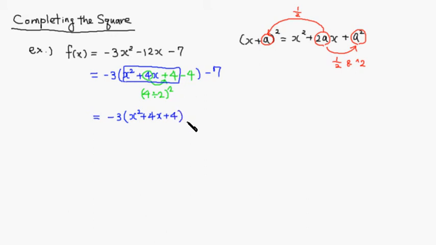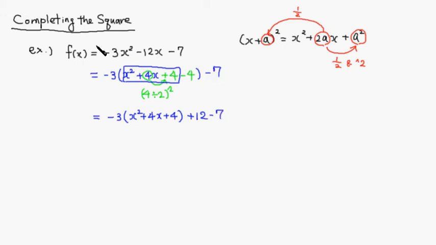But I'm going to distribute this negative 3 to the negative 4, which is going to be positive 12. In order to get it out, we have to multiply by 3, so it's positive 12 right there. Then you have negative 7 still there.